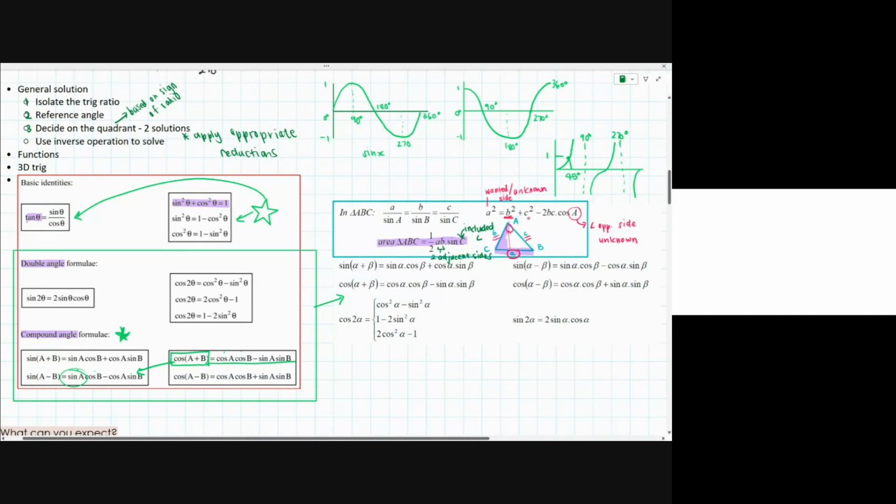And b and c are your two other sides. We need to start understanding these rules at a basic level, not in terms of ABC, because I don't necessarily have to give you a triangle labeled ABC. I could give you a triangle labeled XYZ or MNP or whatever the case is.